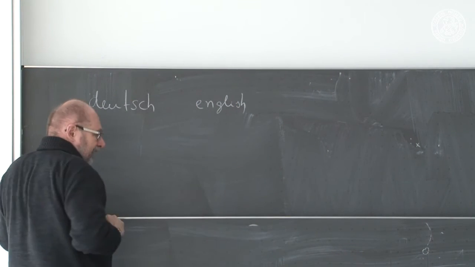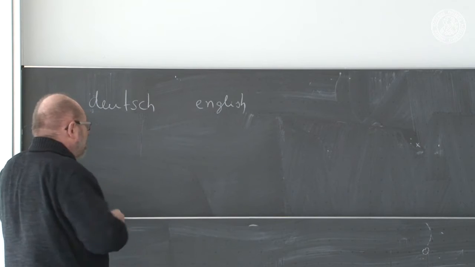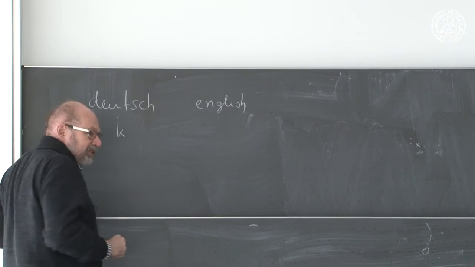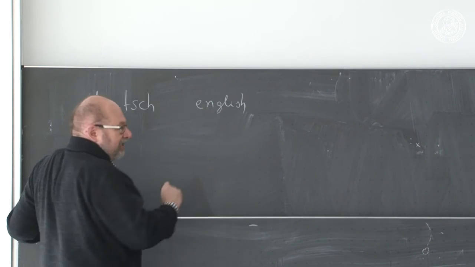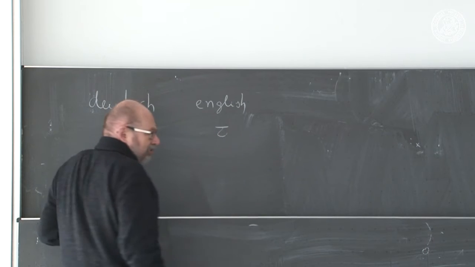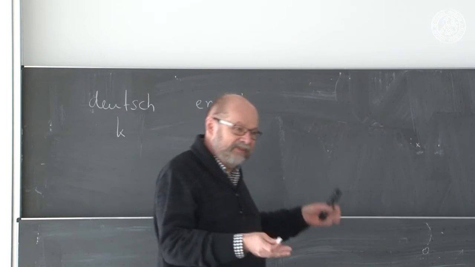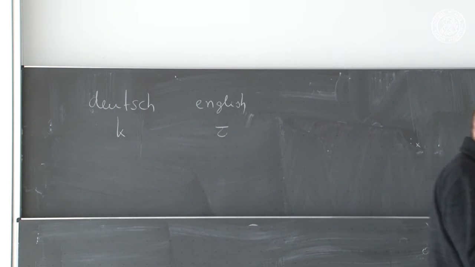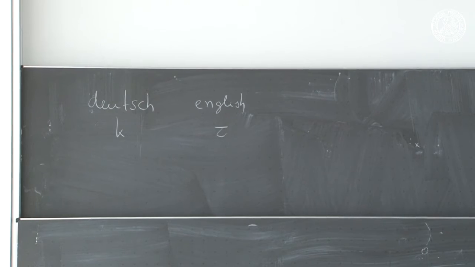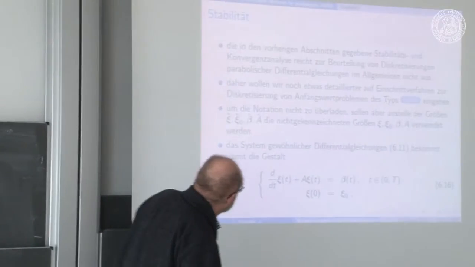The time step, the discretization parameter in time, in the German edition is denoted by k, and in the English edition it's denoted by tau. So you will have a mixture. It will change from German to English transparencies and vice versa. I think all the other notations should be the same.